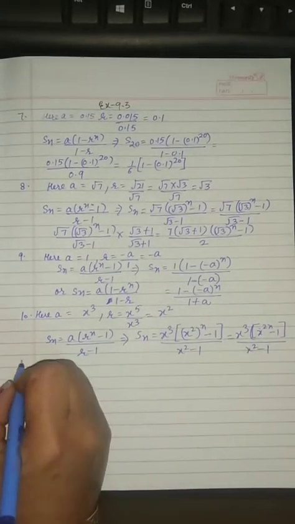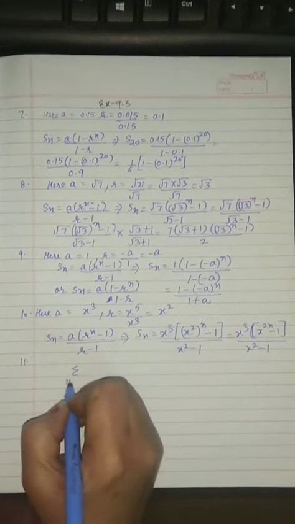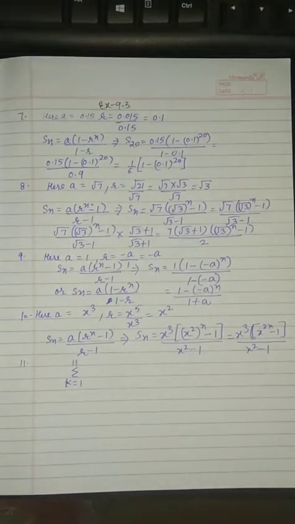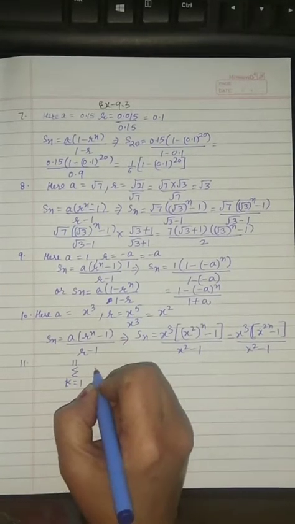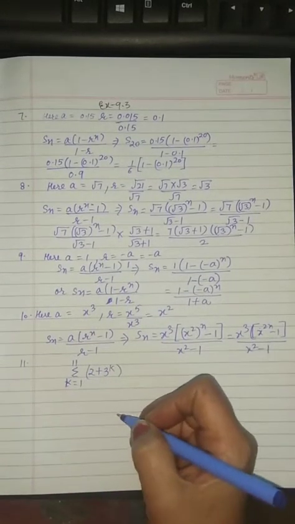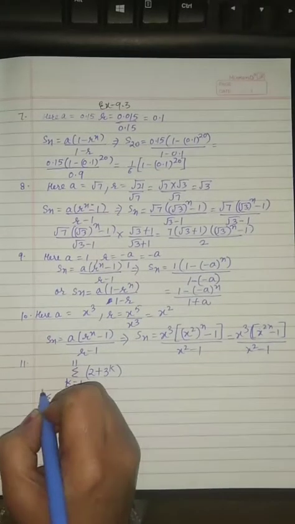Now moving to question number 11. In question number 11, we have to evaluate sigma k running from 1 to 11 of 2 plus 3 raised to power k. Now this can be expanded like this.